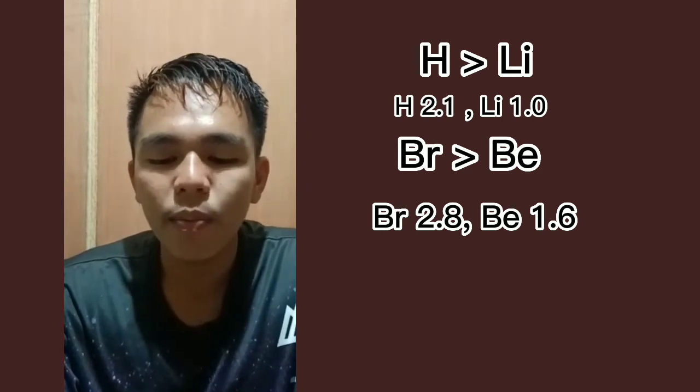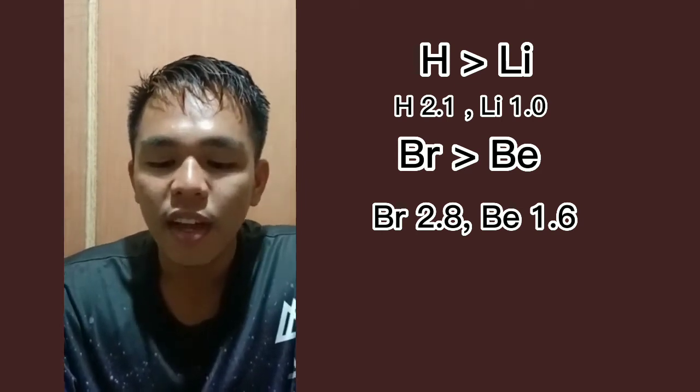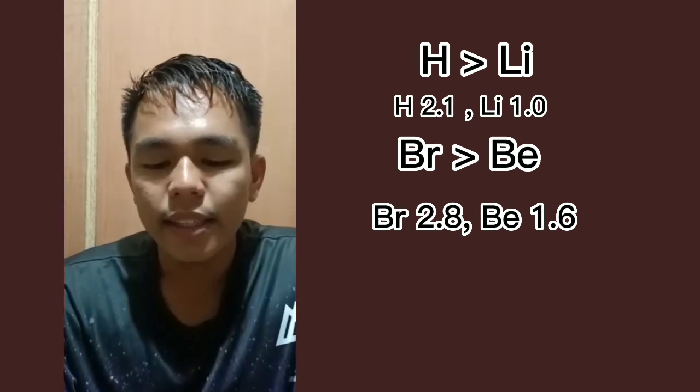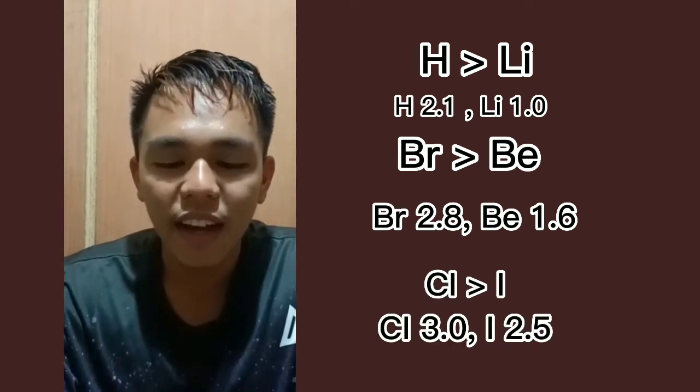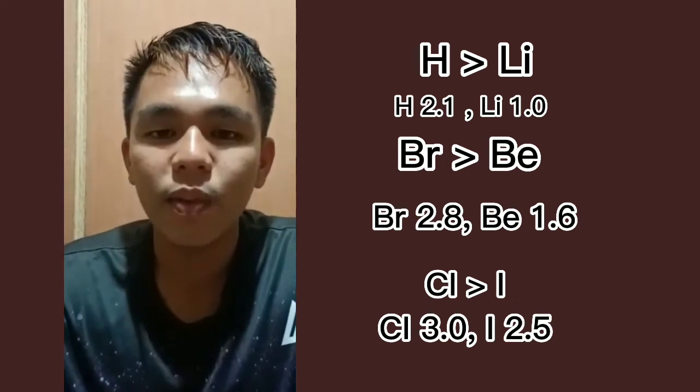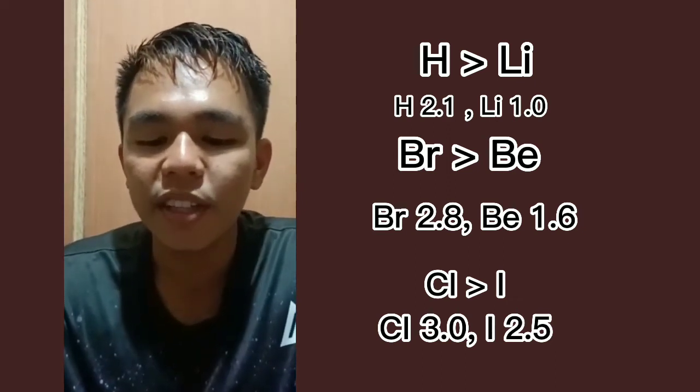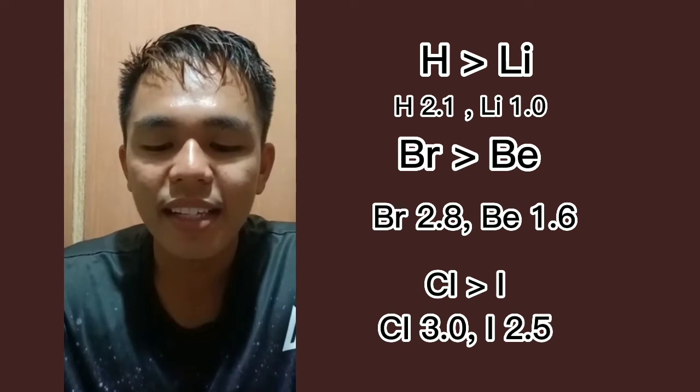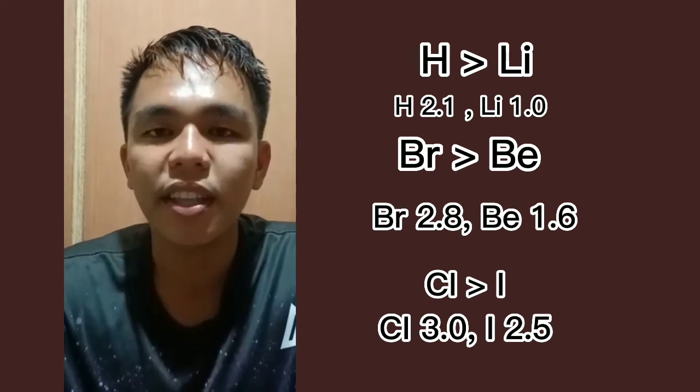Br is more electronegative than Be. Br has 2.8 electronegativity, while Be has 1.6. And lastly is Cl and I. Cl is more electronegative than I. Cl has 3.0 electronegativity, while I has 2.5.